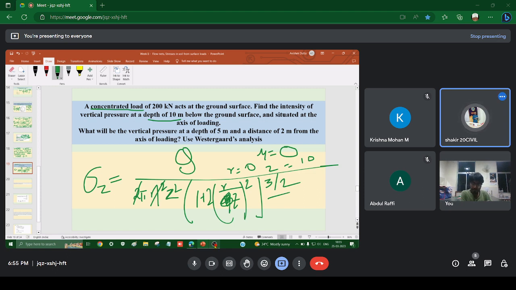Q value is 200 kilonewton. Consider a load of 200 kilonewton acting.